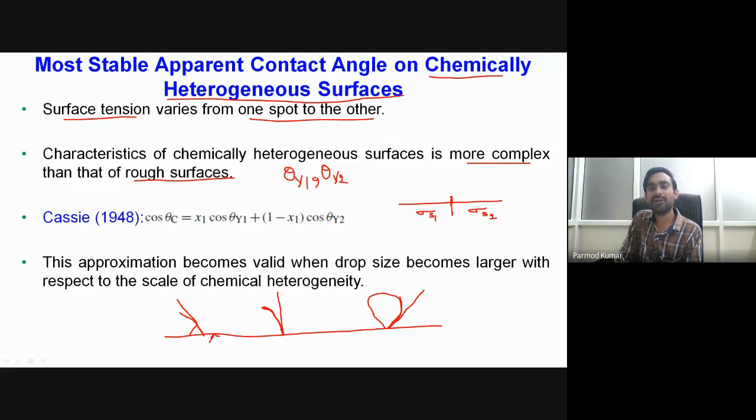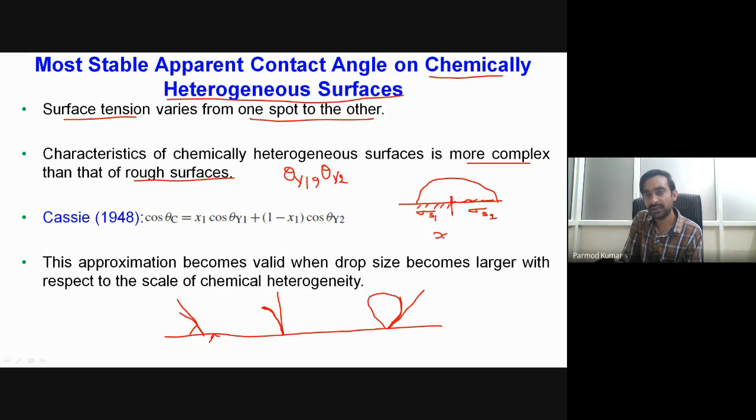Okay, now what we are doing, we are considering the more practical situation that we have a droplet which is resting on the different wettability portions. So you can see over here, in terms of area of contact, we have more area of contact in the sigma S2 portion in comparison to the area of contact in the sigma S1 region. Okay, so what we do over here, we try to find out the fraction of area.